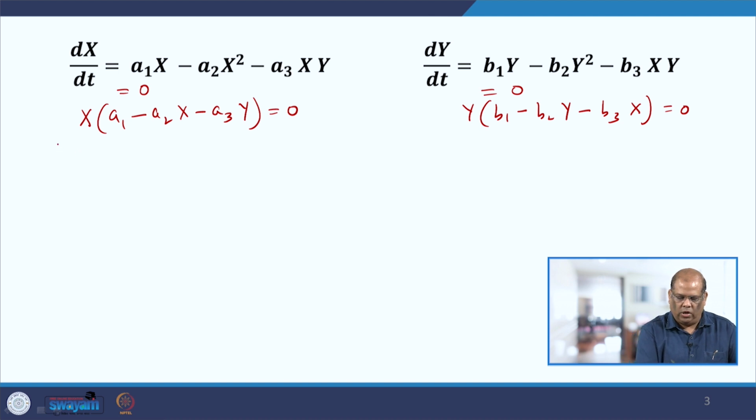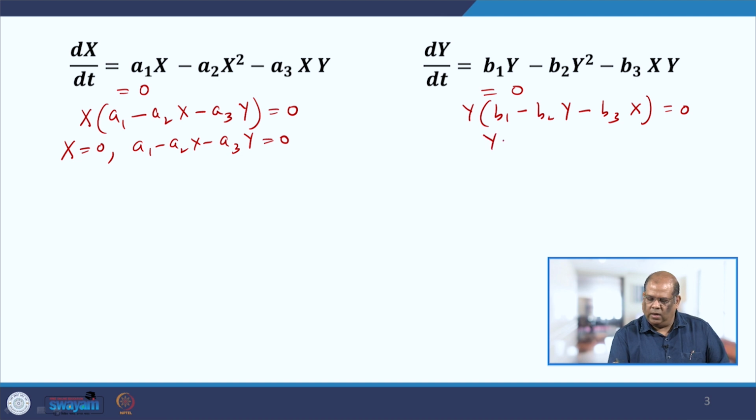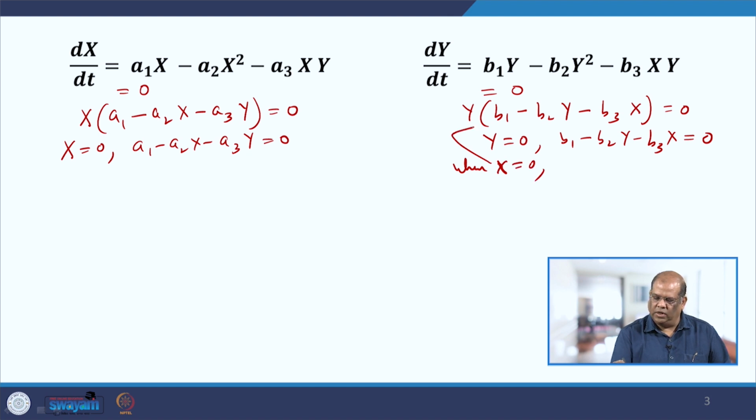So, the solution from this equation is x equal to 0 and a1 minus a2 x minus a3 y equal to 0. Also from here, y equal to 0 and b1 minus b2 y minus b3 x equal to 0. When x is equal to 0, if you substitute this value here, you will get y times (b1 minus b2 y) equal to 0.